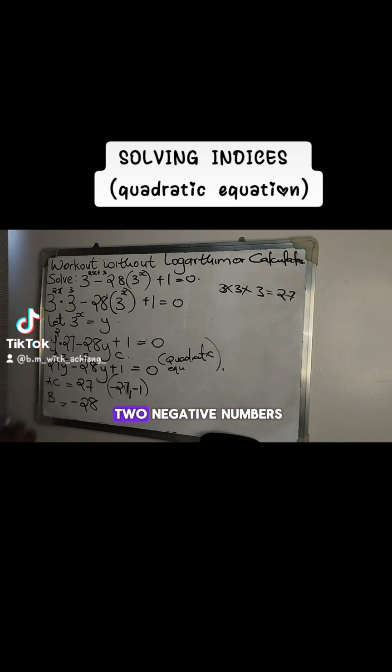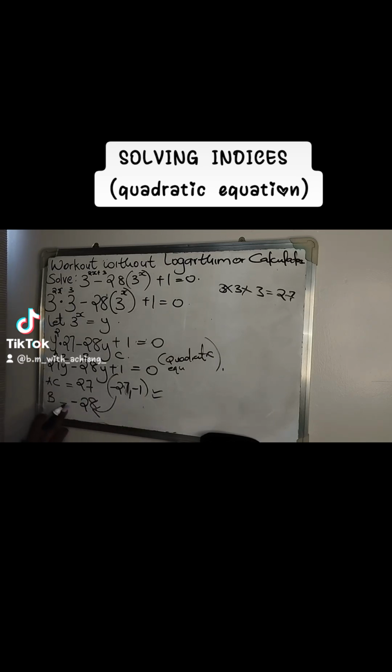So when we take two negative numbers and multiply, we'll get a positive number. And when we add them, that is negative 27 plus negative 1. Let me show you. We will get negative 27, plus and minus will be minus 1. We'll get minus 28. So the two numbers are negative 27 and negative 1.